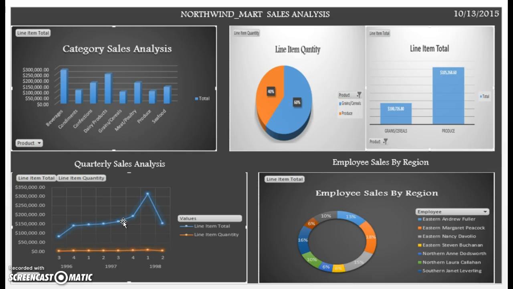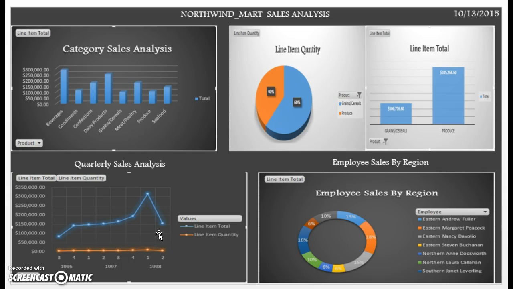We can see that in the first quarter of 1998, there is a substantial growth in the line item total, which exceeds $3,000. We cannot see such a value in any other quarter and any other year. So with no doubt, we can say that the first quarter in the year 1998 is the best performing quarter overall.